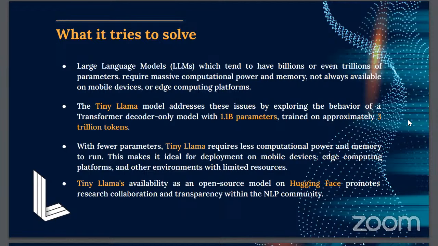So here comes TinyLlama, which addresses these issues by exploring the behavior of a transformer decoder-only model, but with only 1.1 billion parameters, trained on approximately 3 trillion tokens. This size is comparatively quite small compared to the large LLMs, whose size is 7 billion or even in the trillions. With these few parameters, TinyLlama requires very little computational power and memory to run, making it ideal for deployment on mobile devices or edge computing devices.